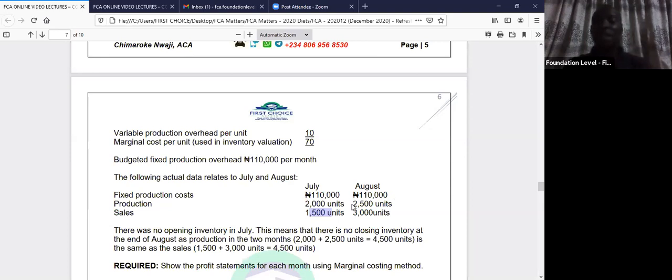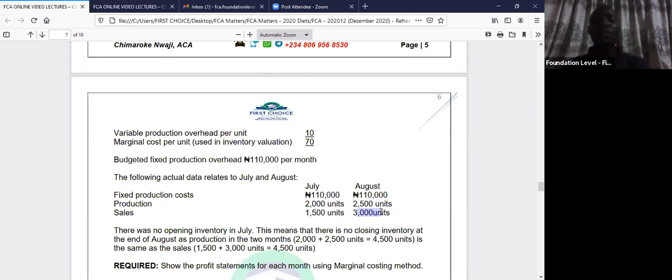So you have 500, which you take to August. You went and further produced 2,500. When you add 2,500 to the 500, you have 3,000. And you sold 3,000. What does it mean? There is no closing stock in August.